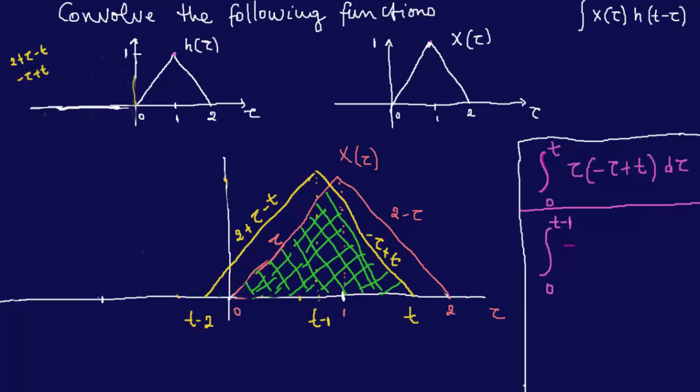So x of tau is tau, and then we multiply h of t minus tau. In this case, that would be this line over here, 2 plus tau minus t. So that's what we have in that case.